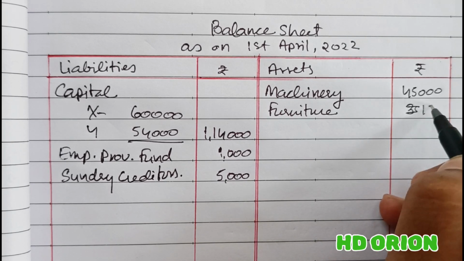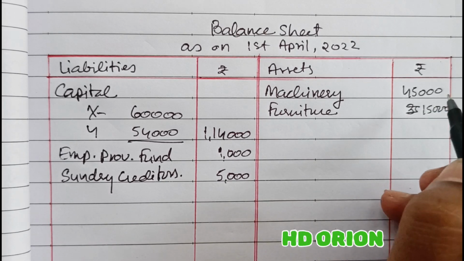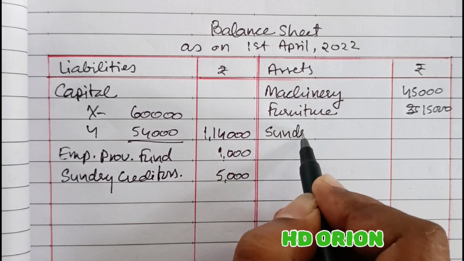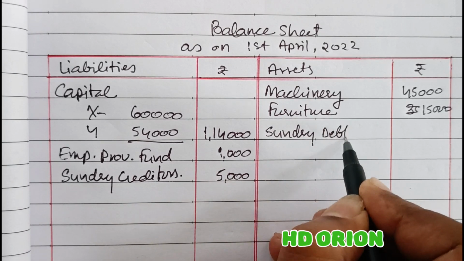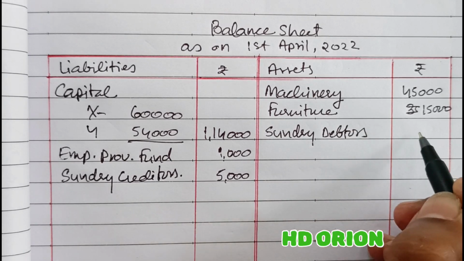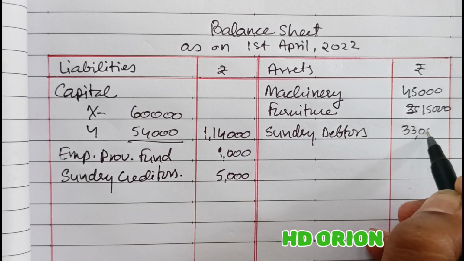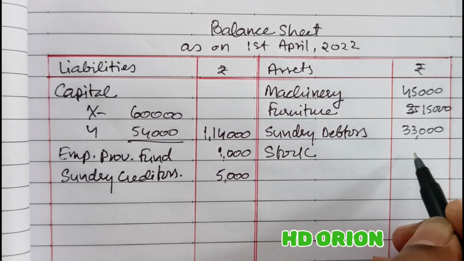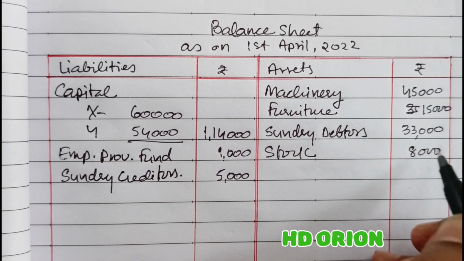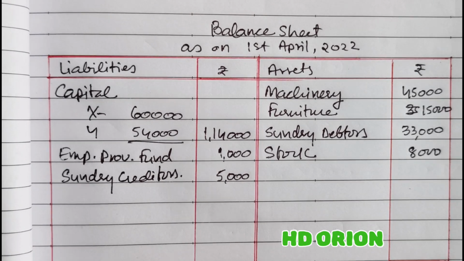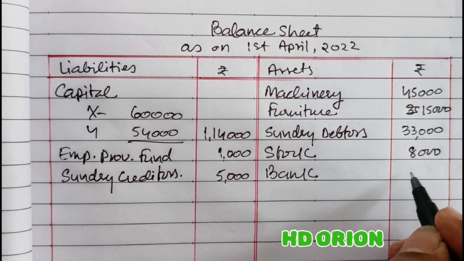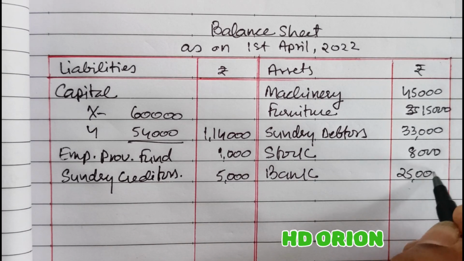Then sundry debtors, no change in sundry debtors, 33,000 rupees. Then stock, value of stock has increased to 8,000 from rupees 7,000. Bank, no change in the amount of bank, rupees 25,000.